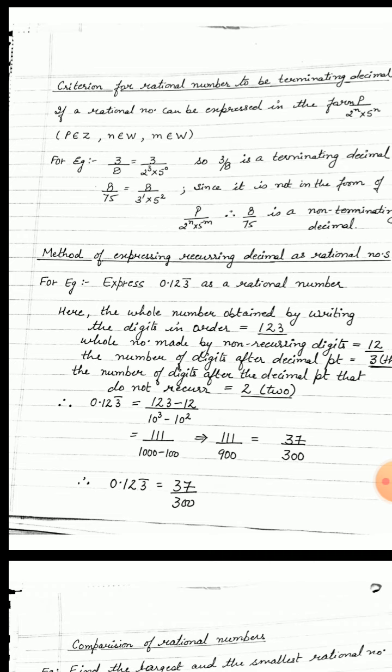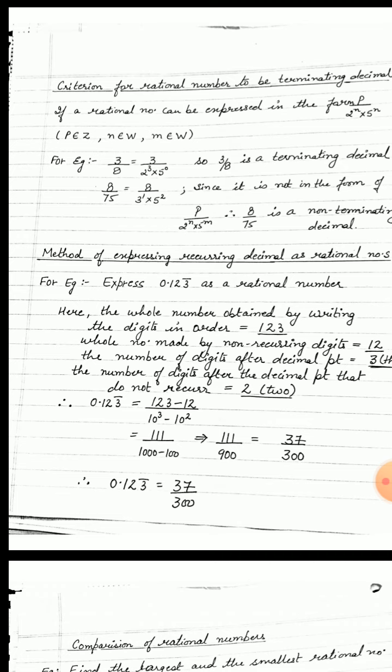For example, 3 upon 8, we can write it as 3 upon 2 cube multiplied by 5 raised to the power 0. Since the denominator has only 2 and 5 as factors, we say 3 upon 8 is a terminating decimal.